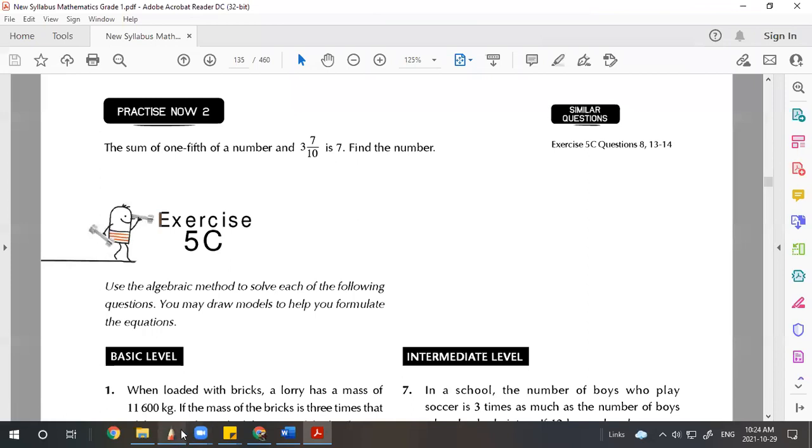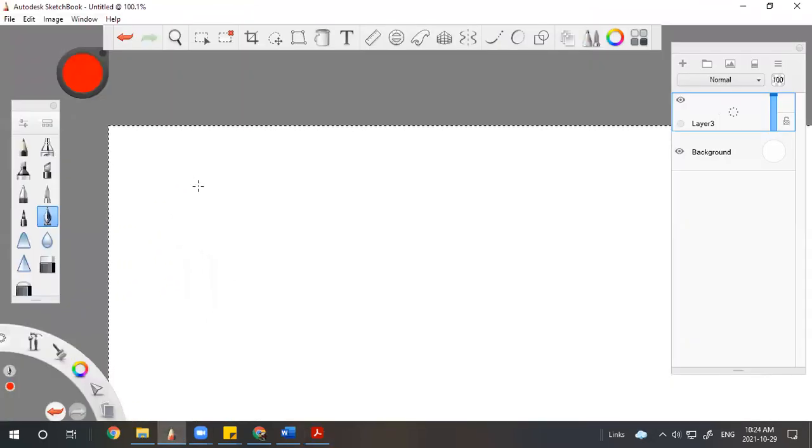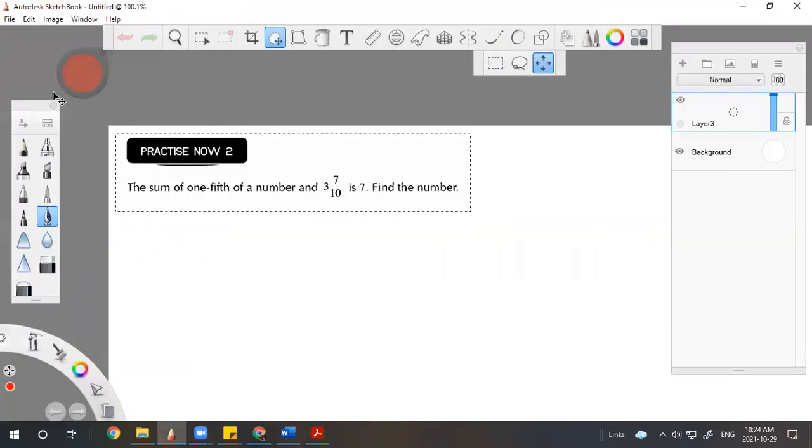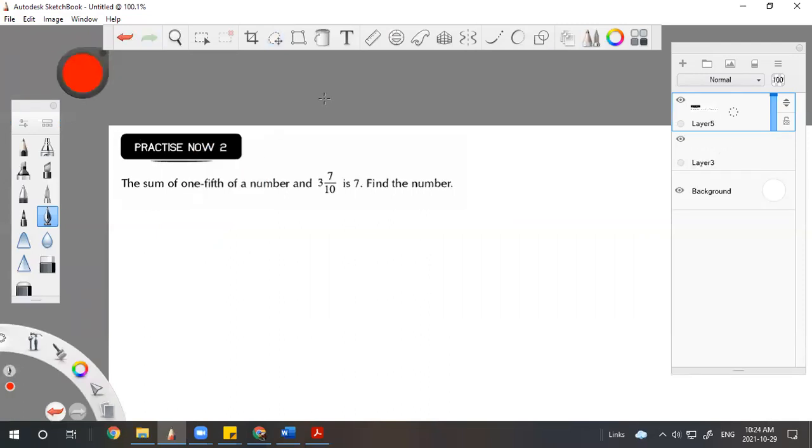Now the practice number. Let's think slowly, together and simple. The sum of 1/5 of a number and 3 7/10 equals 7. What do you know about 1/5? 1/5 of a number.